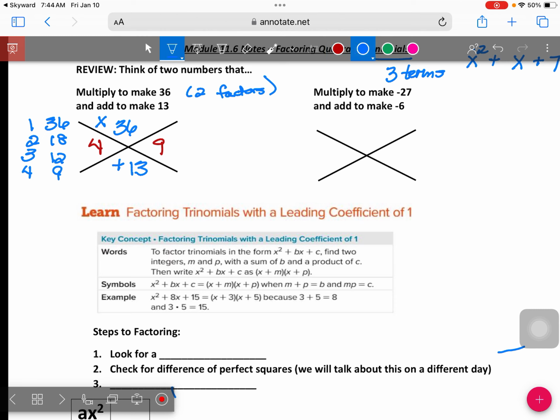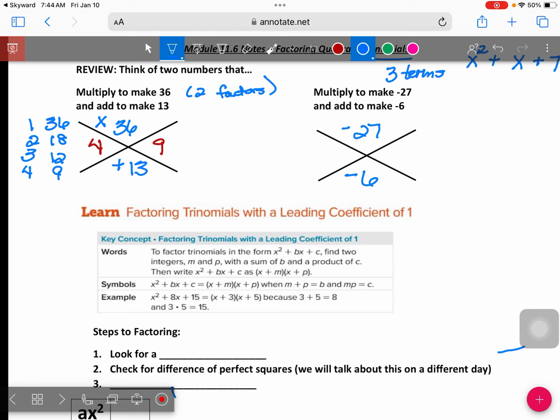Over on the other side, we need to multiply to make negative 27. What does that tell you about one of your factors already? If the answer is negative 27, one of your factors has to be negative. And we have to add those 2 numbers, and they are going to give you negative 6. What is it?